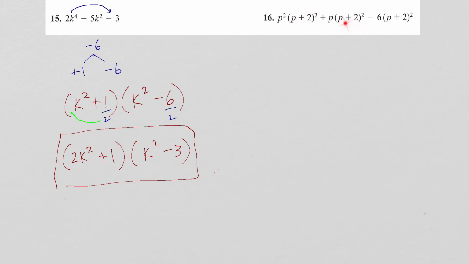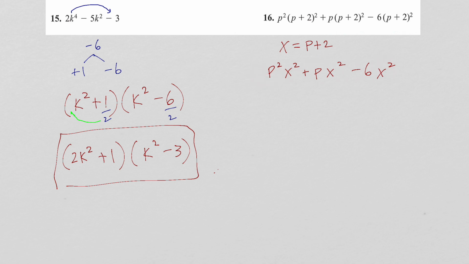Because I see this repeating element, I'm going to choose something like p is equal to x plus 2. And then what that gives me is p squared x squared plus p x squared minus 6x squared. And I can see that all of these have an x squared.